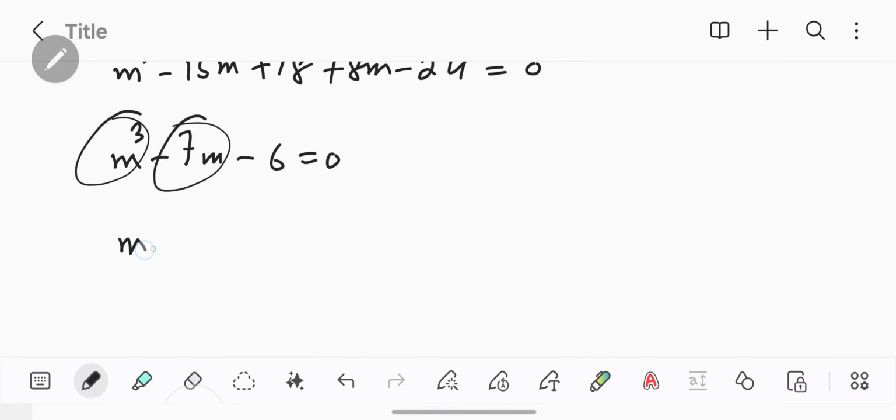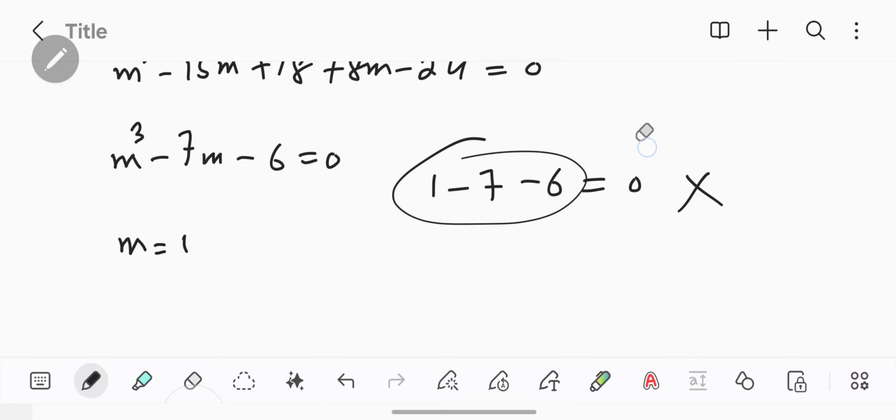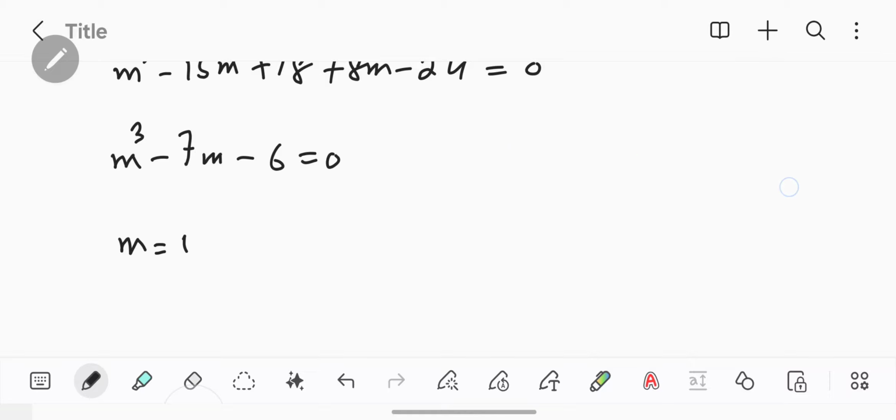So if you put m is equal to 1, for example, then 1 cube is 1, so you will get 1 minus 7 times 1 is minus 7, minus 6 is equal to 0, which is again false, because this is equal to negative 12 and this is 0, so negative 12 and 0 are not equal. So this is also false.